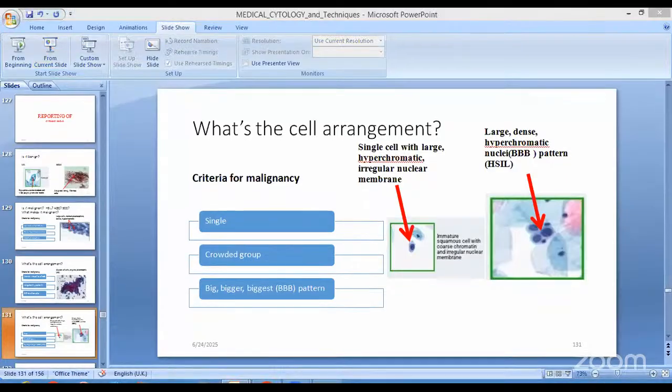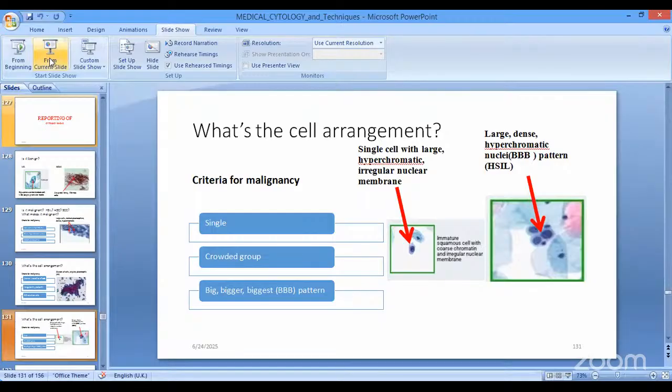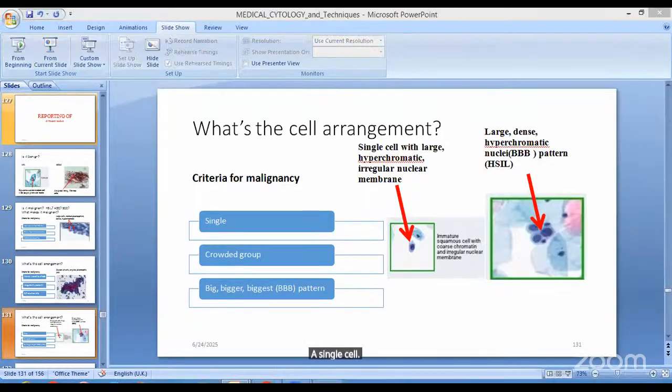More on the arrangement of cells. Sometimes the cells don't cluster. They occur singly, alone, but delicate and dangerous. One man riot squad. Look at this slide I'm projecting. A single cell, but it is dense, dark, hyperchromatic, with a high nuclear cytoplasm ratio and irregular nuclear membrane.